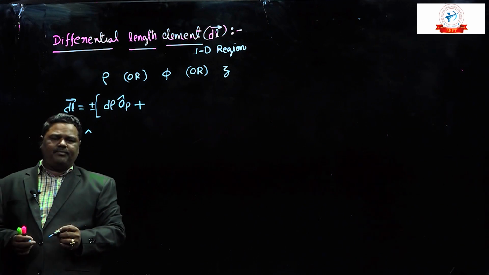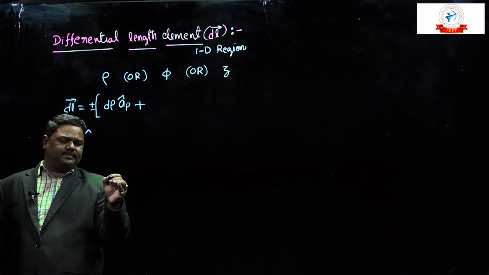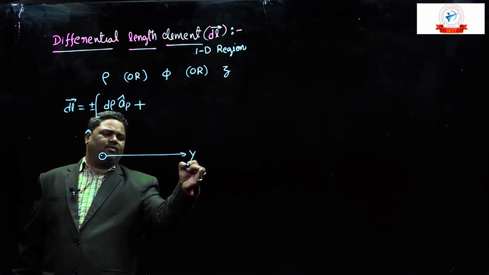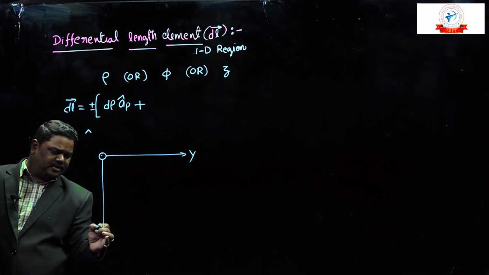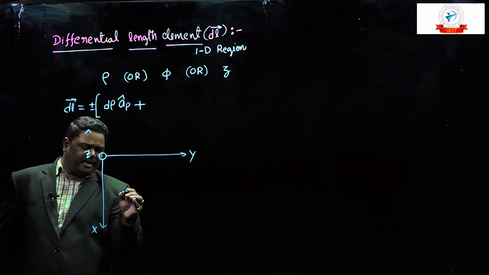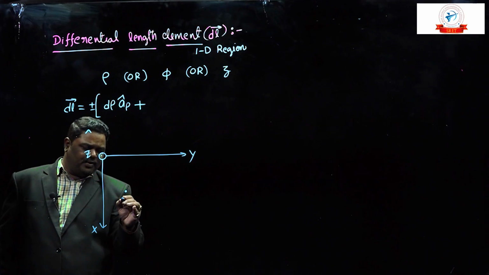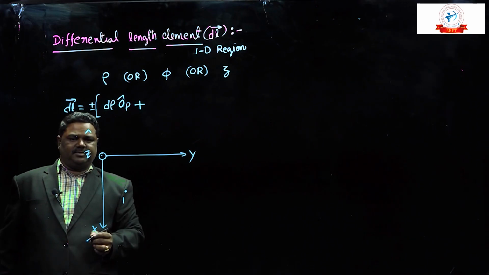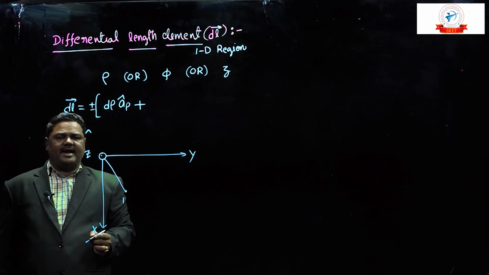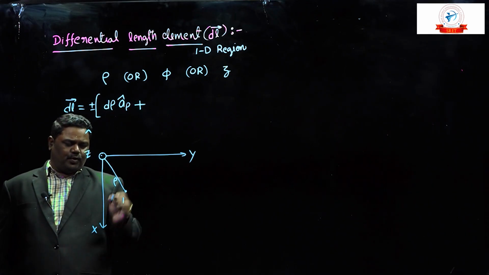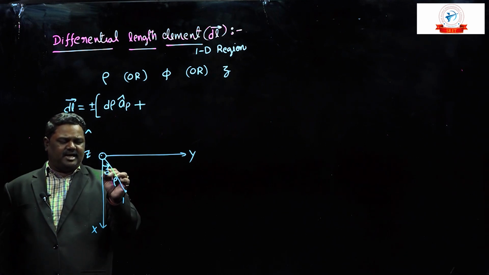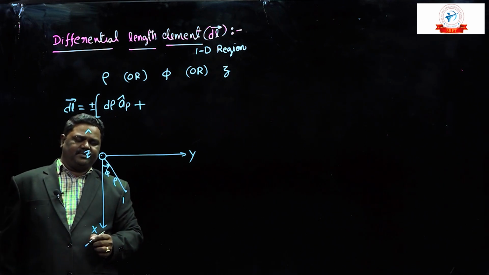Consider the top view of the coordinate axes. This is the y-axis, this is the x-axis and this is the z-axis. Let us consider a random point present at location 1. The radial distance from the z-axis is called rho, and the horizontal angle made with the x-axis is phi.